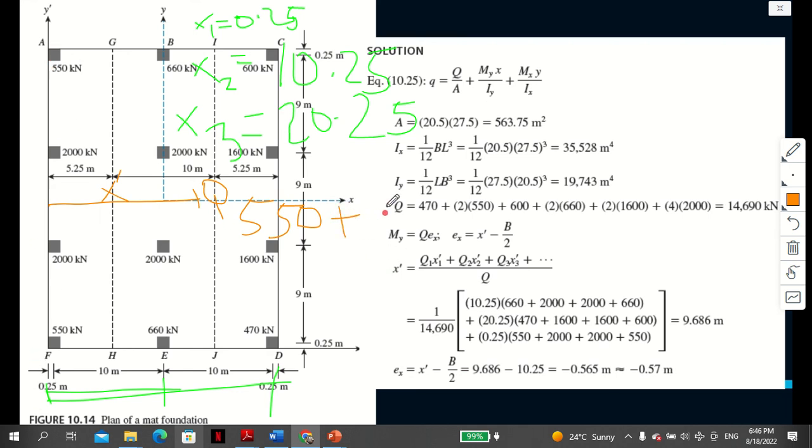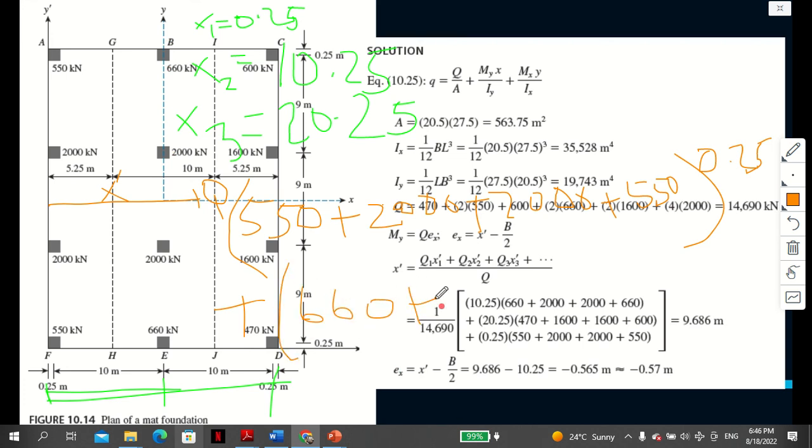So 550 plus 2000 plus 2000, plus 550 times 0.25, because all these are the same length, plus the columns here, the additions of the 660 plus 2000 plus all those things times 10.25, plus now this one's 470 plus all those things times 20.25.